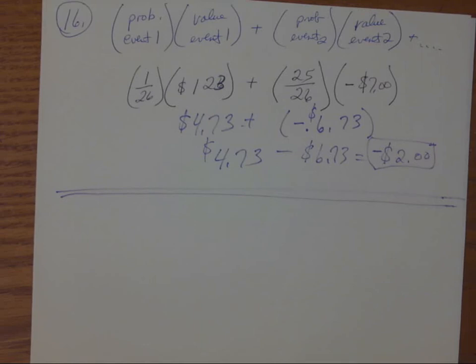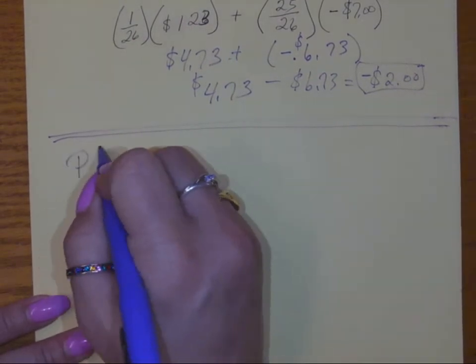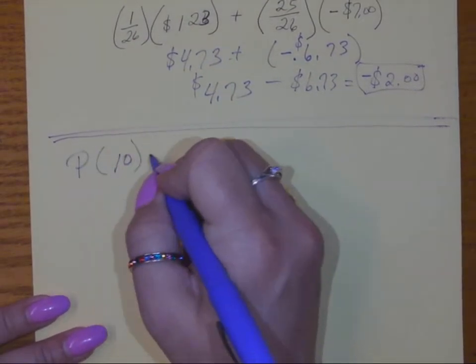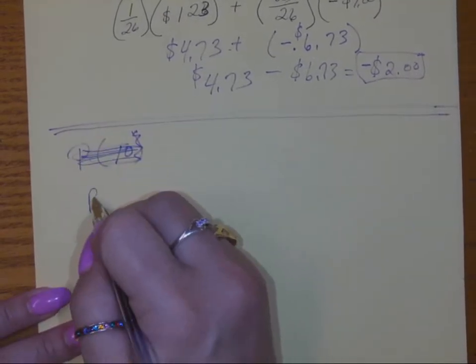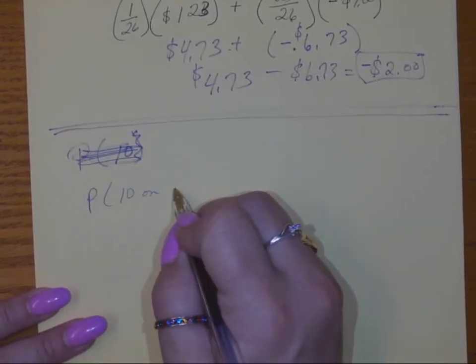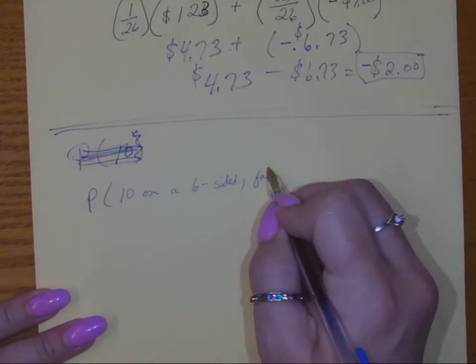Make sure you know the probability of something for sure happening and the probability of that something will not happen. So let's just remind ourselves the probability that we'll roll a 10 on a 6-sided fair die.